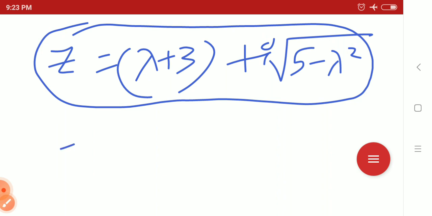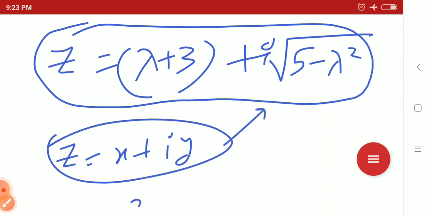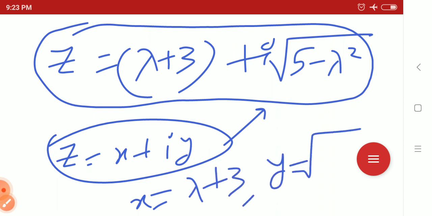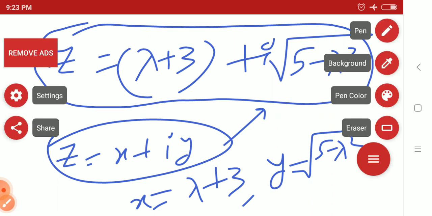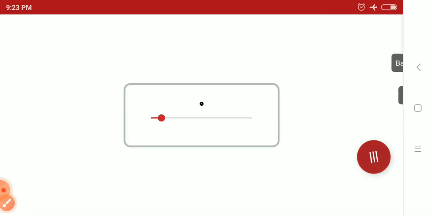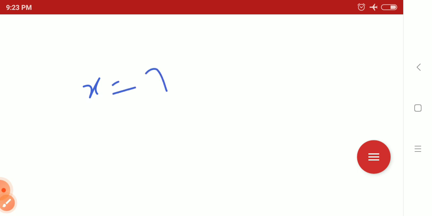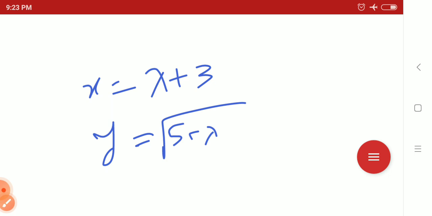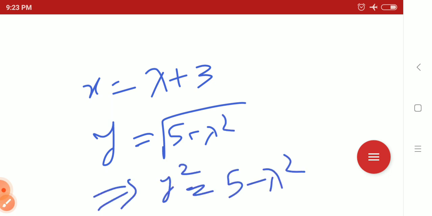We know z equals x plus iy. So comparing these two, we get x equals lambda plus 3, y equals root of (5 minus lambda square). Squaring both sides, y square equals 5 minus lambda square.